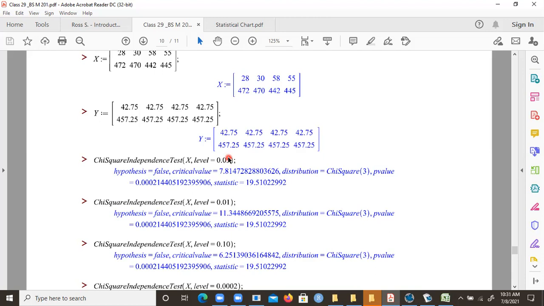That's why statistical software is so precise. They can calculate the p-value. Statistical tables do not have the provision for giving all the p-values at a time. So this is the added advantage of using software.